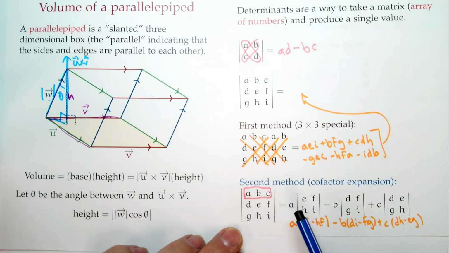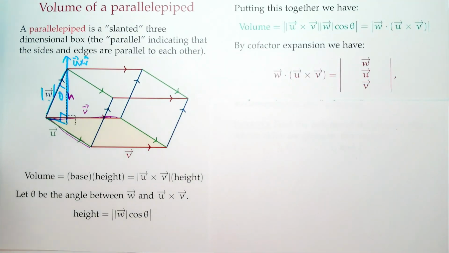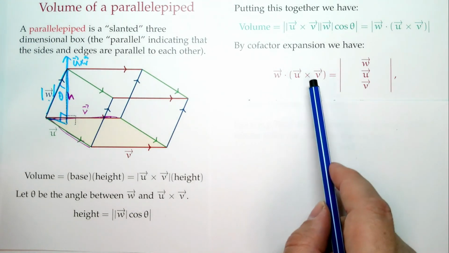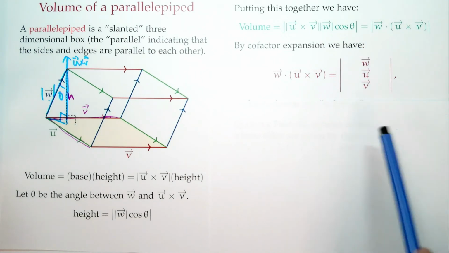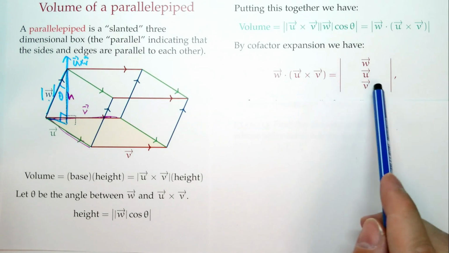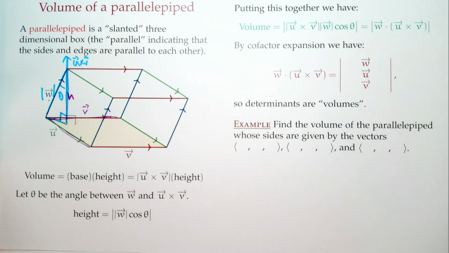And so what's happening is that the dot product becomes the i component of the cross product dotted with the i component of the original, and so forth. So it turns out by cofactor expansion that taking a dot product of a cross product is the same as taking a 3 by 3 matrix and putting one of the vectors in each row. So the punchline is that determinants are volumes. That's what a determinant is. It's the volume of a shape.